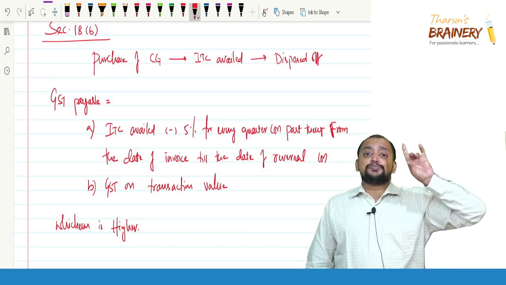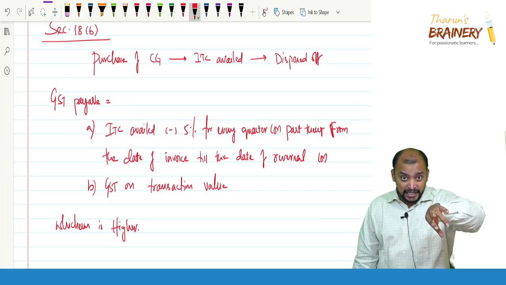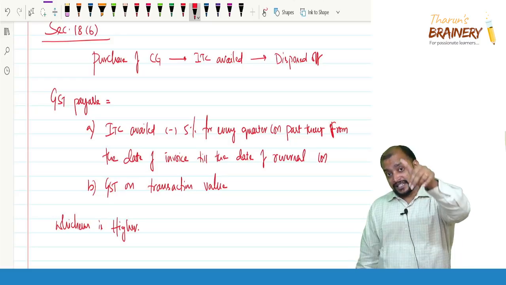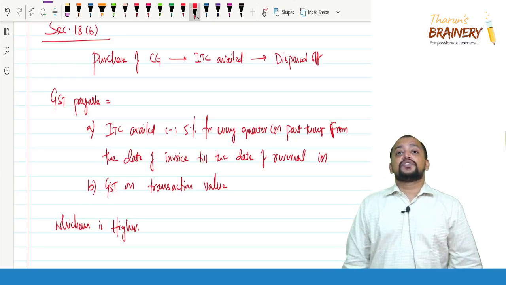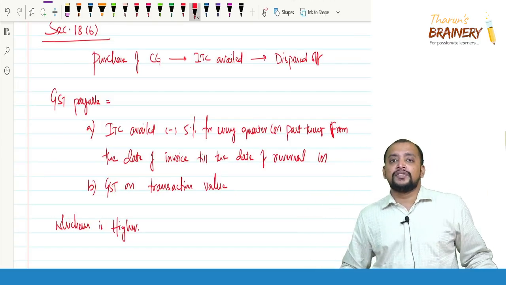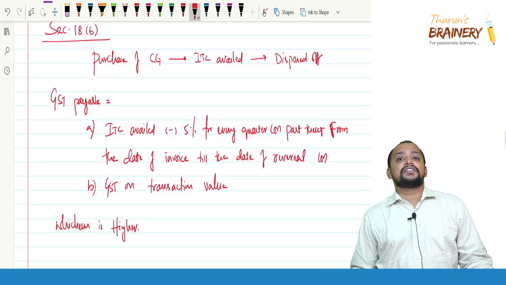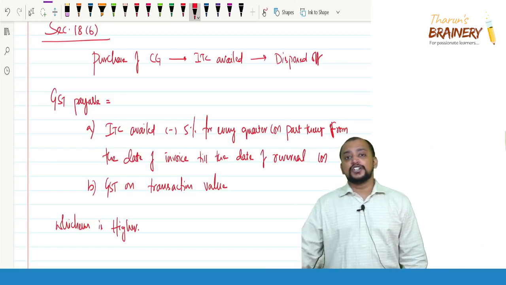Now, whenever there is permanent transfer or disposal of a business asset on which ITC is availed, can we apply this? Yes, but point B will not be there. Why will B not be there? Because it is without consideration. Only point A will be there, that is, so much of the ITC availed minus 5% for every quarter or part thereof from the date of purchase till the date of disposal.